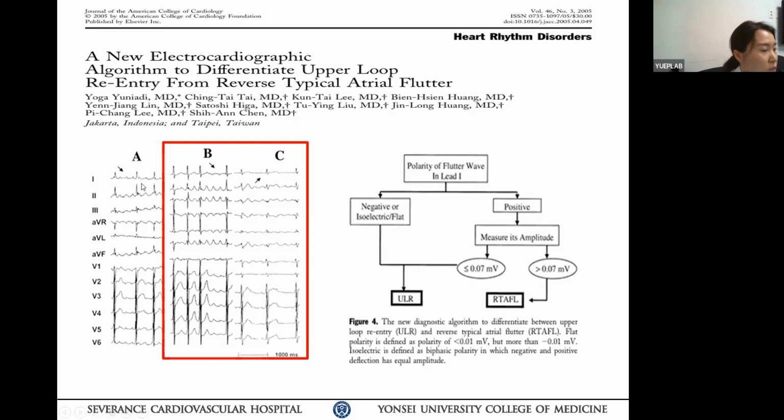As you can see in figure 1, A is the reverse typical atrial flutter, and you can see the positive polarity P wave in lead 1. But comparing with A, B and C are the upper loop reentry, and the P wave polarity in lead 1 is negative, isoelectric, or even flat.